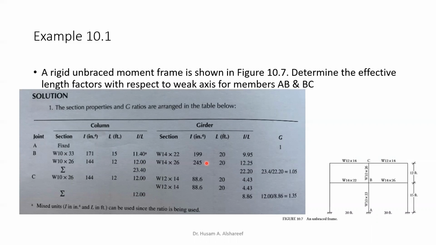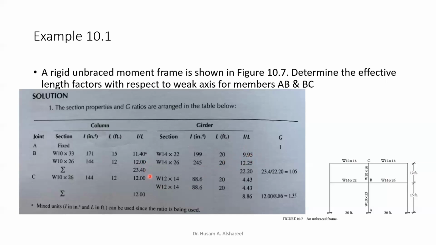You should find I, the moment of inertia, for these 2, and then divide by the length, because their length, from here to here and from here to here, is 20 feet. So we find the 2 column values, then add them up, the I divided by L, I divided by L. The same thing for the girders.